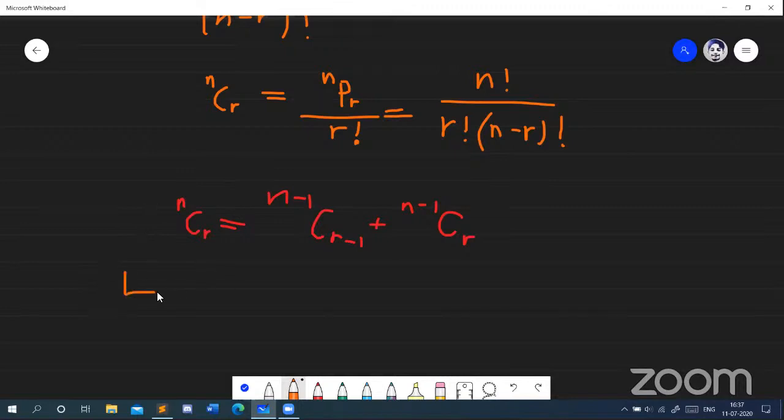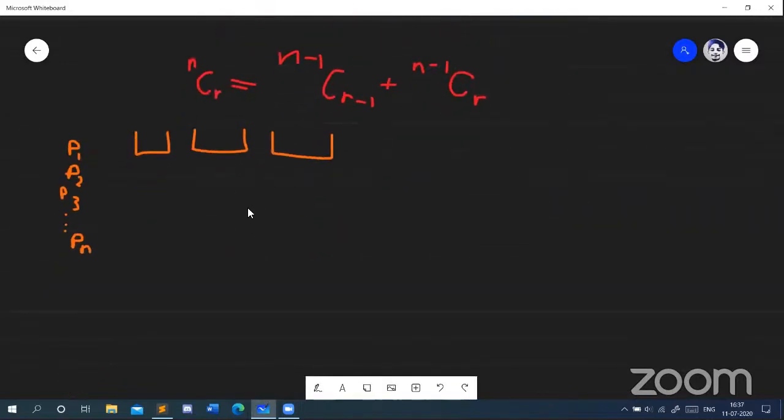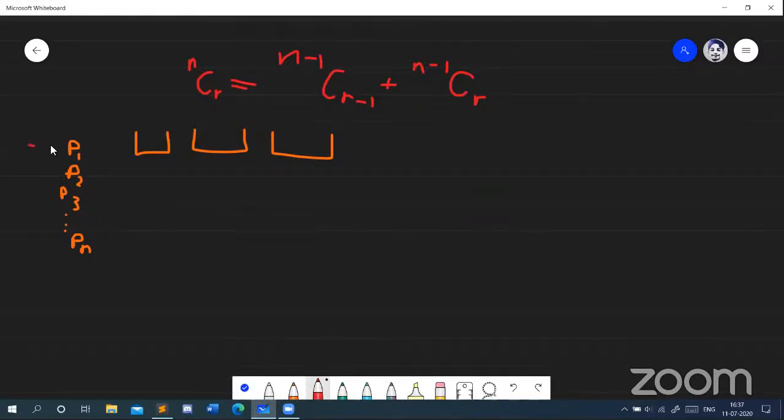So I have r spots, and I have n people: person 1, person 2, person 3, person 4, and so on till person n, and we have to make a team of r people from here. Now I say, okay, fine, we'll look at person 1.